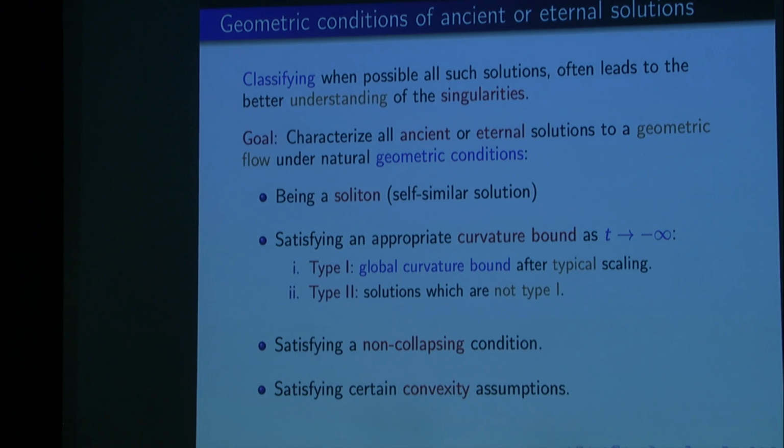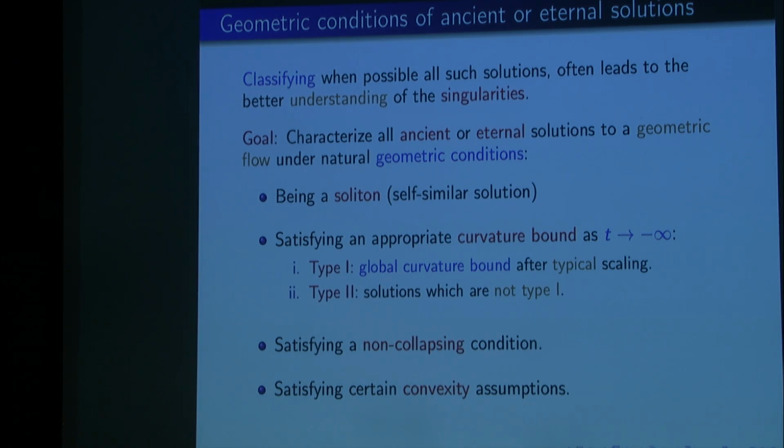Okay, and so we started a program in which we want to provide Liouville type results, as we saw for the heat equation, uniqueness results for ancient solutions. Okay, so here is an equation. Here I'm giving you the ancient solutions. How many do I have? And as we saw from the heat equation, if you don't put any conditions, you have too many.